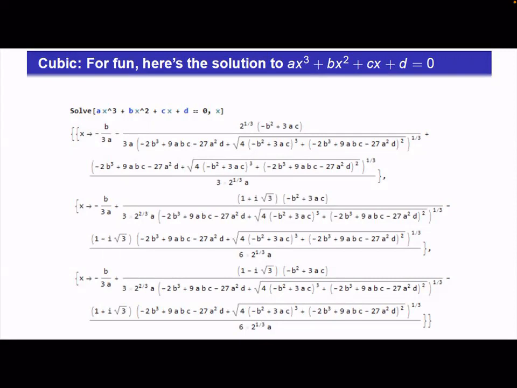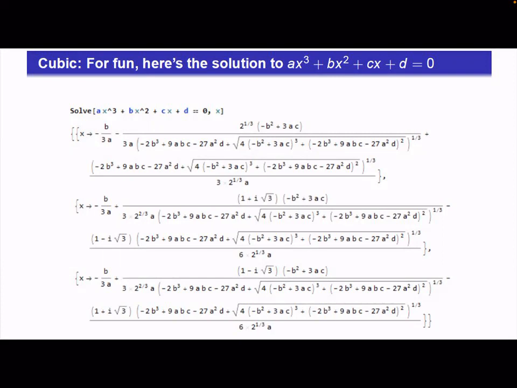Right, but which constant value? What value can you say without loss of generality? We might as well assume a equals 1. Because if a is 0, it wouldn't be a cubic, and I can just divide through by a and get new values of b, c, and d. So without loss of generality, we can assume a equals 1.